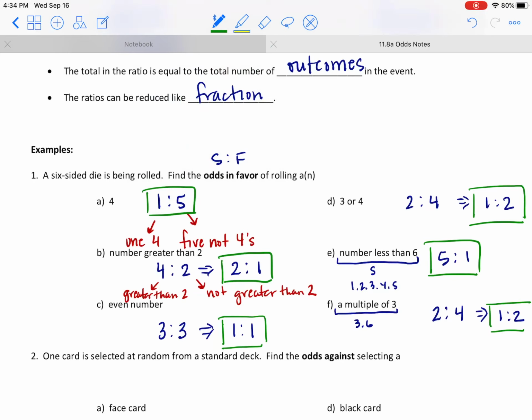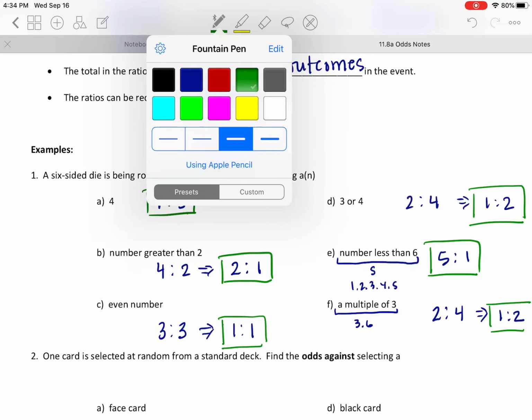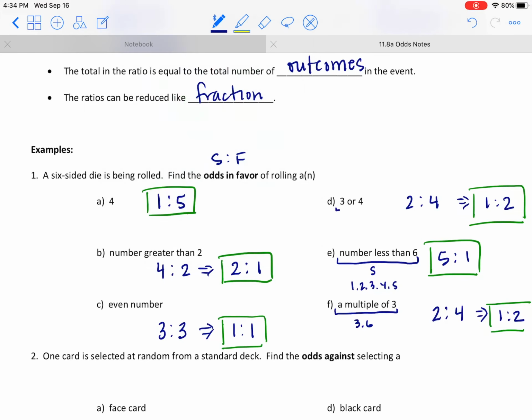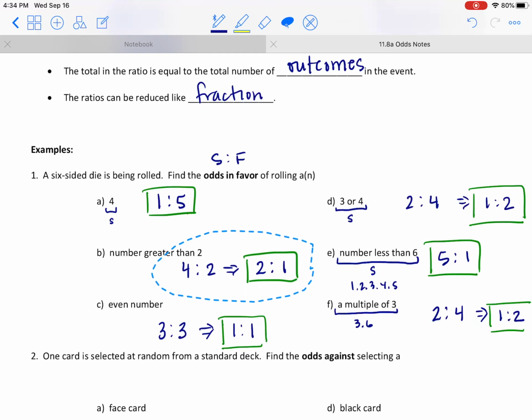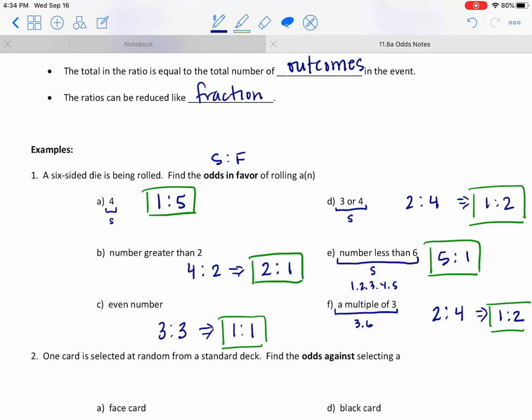Hopefully that's not too bad. And I don't know if what I've done in red here is confusing, less confusing, or more confusing. I don't know if you're going to come back to these notes and how you're going to look at it, but I think what I was doing here was a little bit more helpful. So this would be a success, and that's 2 options there. And this would be a success, that's just the 1 option. And then a number greater than 2, that's a success.